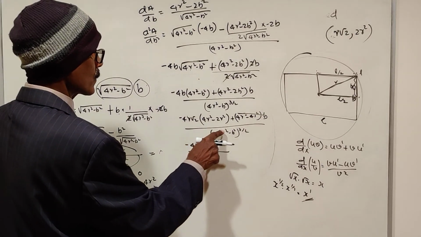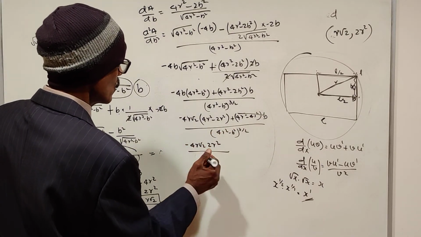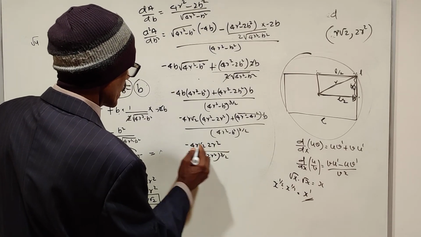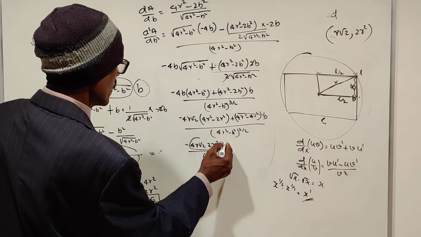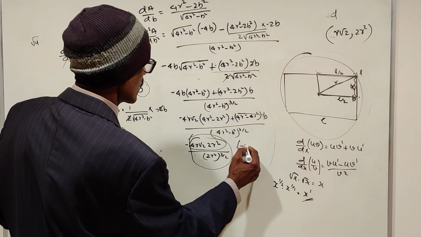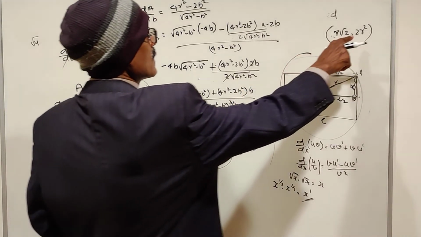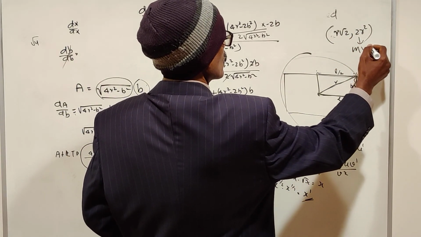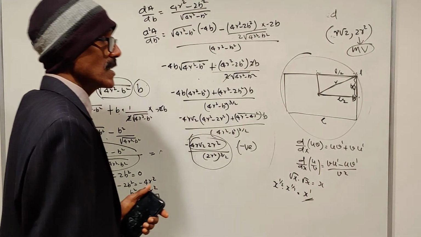B square is 2R square. 4R square minus 2R square is 2R square. So you get a positive number. Here, negative times a positive number is always negative. So this is a maximum value. That is, area is the maximum value.